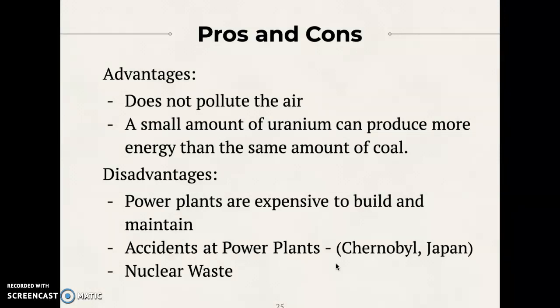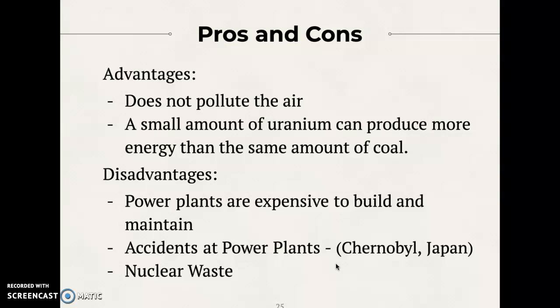So there are pros and cons to everything. All these different types of energies have different pros and cons. The advantages of nuclear energy is that it does not pollute the air, and you're going to see this with any type of alternative energy. It's not going to be polluting the air nearly as much, or if at all, compared to fossil fuels.